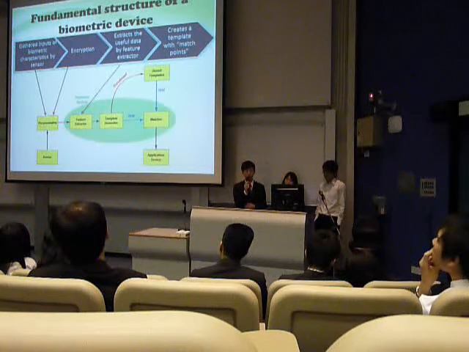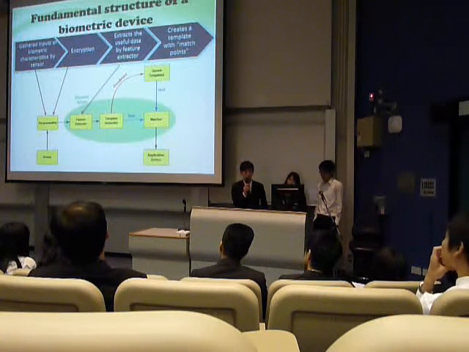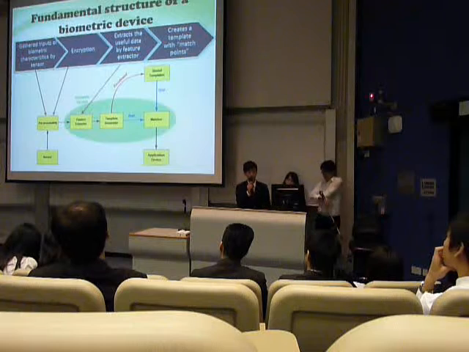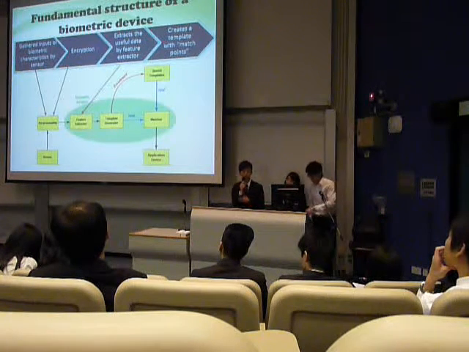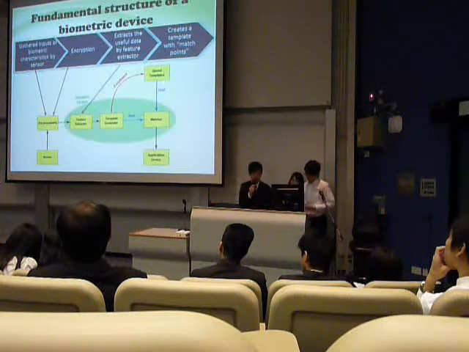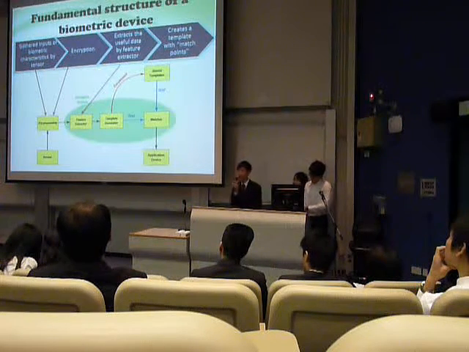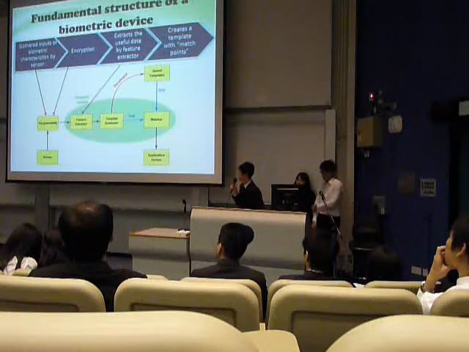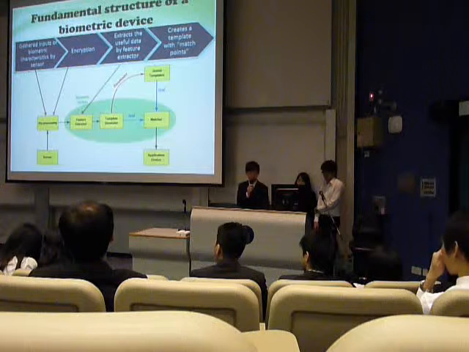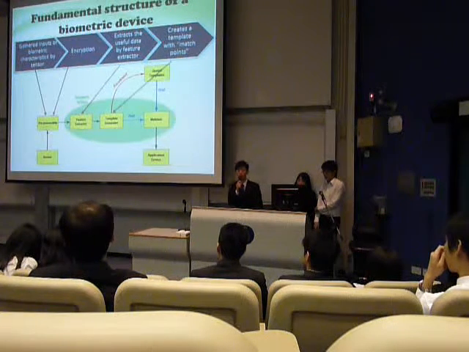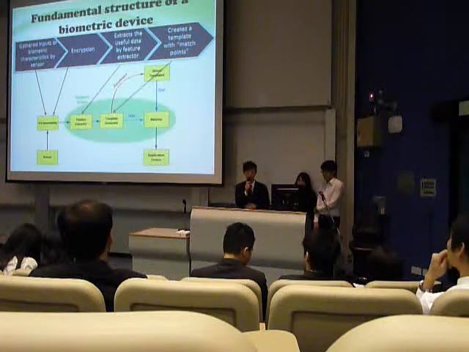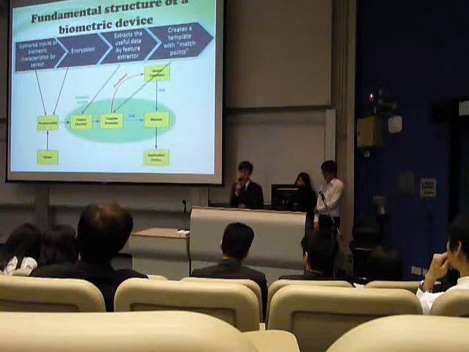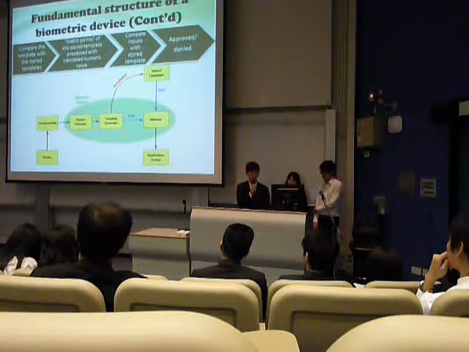After that, the inputs of those characteristic data are passed into the internal structure of the biometric system. First of all, there is the feature extractor. It extracts the useful data, which then passes to the template generator, which generates a template uniquely for your own characteristic, with match points. Those match points are later used for comparison.